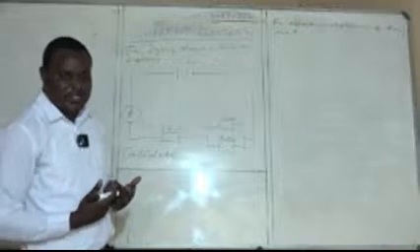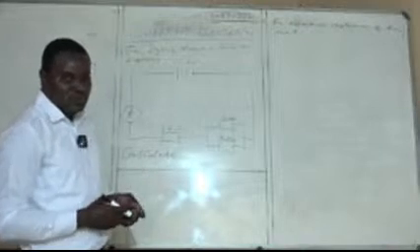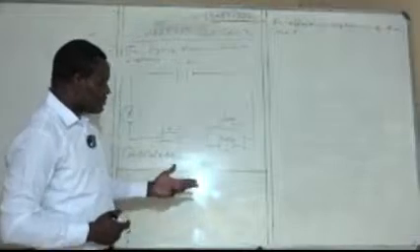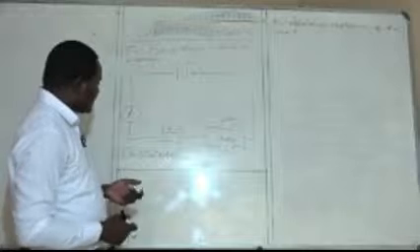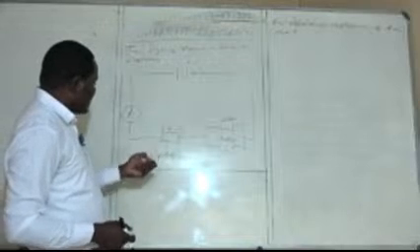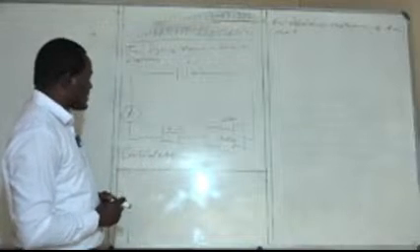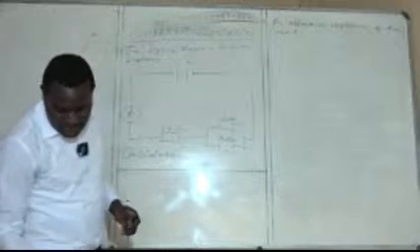When the resistors are arranged in series, what are we supposed to do? When resistors are arranged in parallel, what are we supposed to do? Oh, we did that. So in this case, I calculate the effective resistance of the circuit here.